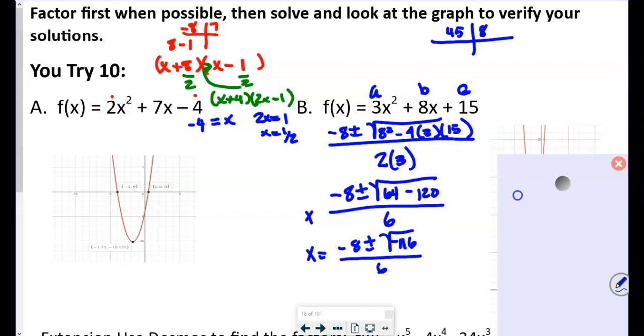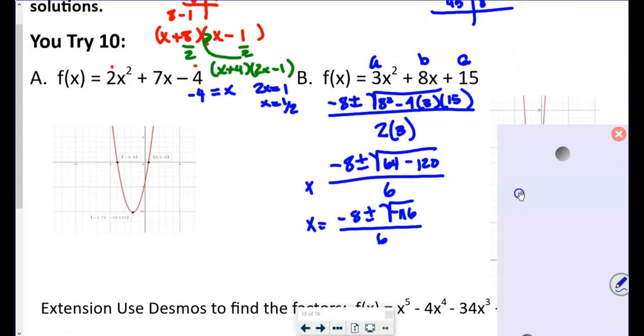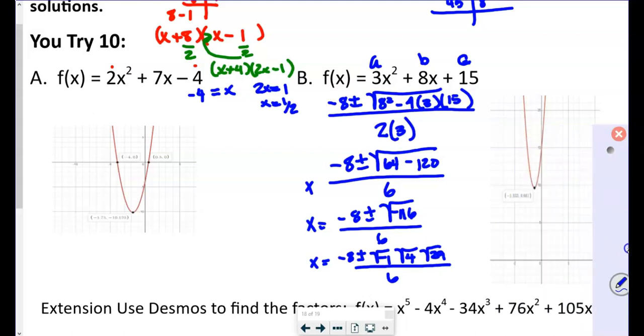So that's going to give me, let's see if I can give myself a little more room. X equals -8 plus or minus, I would do the square root of -1. I'm pretty sure that's divisible by 4, and then 29. And then this is all over 6. So continue to simplify.